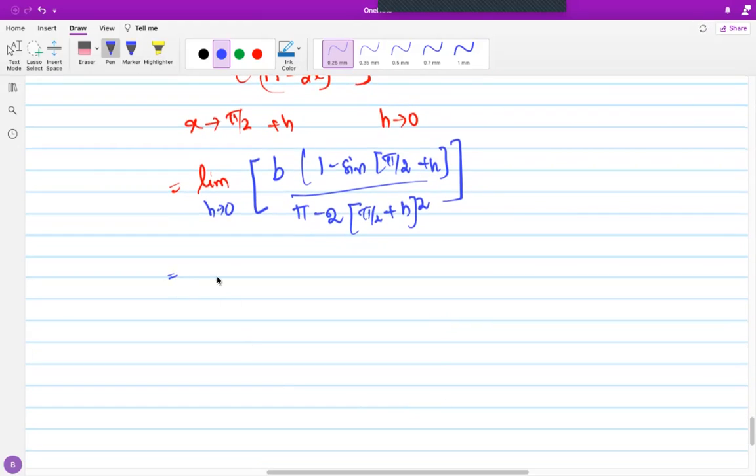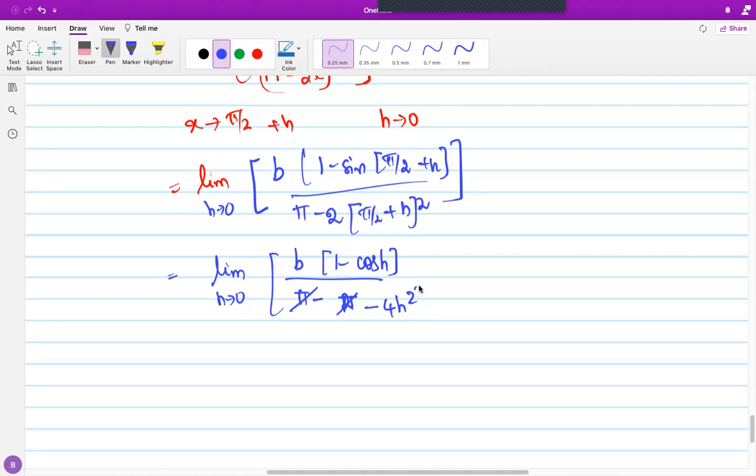So now limit h tends to 0 of b into (1 minus cos h) divided by, the pi gets cancelled, minus 2h the whole square.